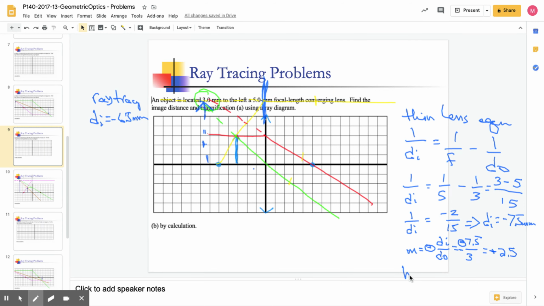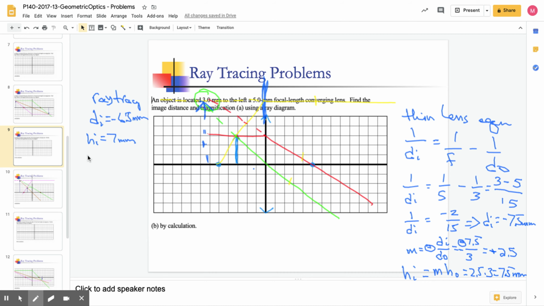And hi is equal to the magnification times h0, so 2.5 times 3, which is equal to 7.5. Let's count that: 1, 2, 3, 4, 5, 6, 7. It looks like around 7, so hi is around 7 millimeters.